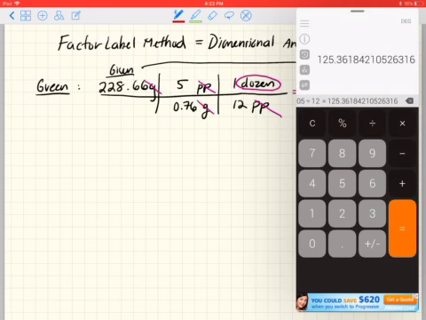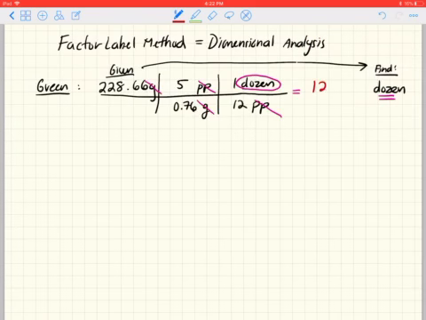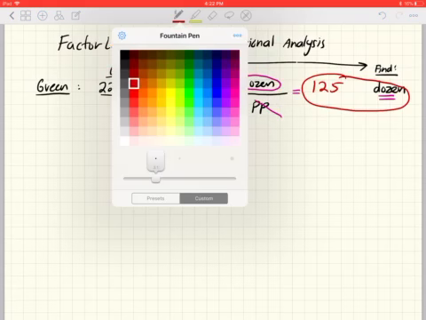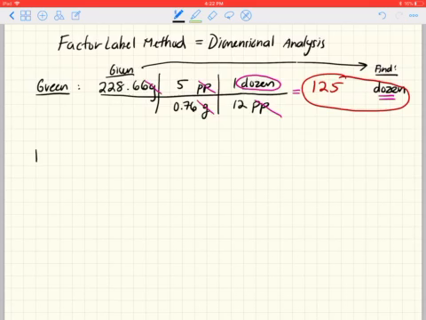All right, so if I were to round that number, it is approximately 125 dozen. 125 dozen, and that is my final answer for the number of green packing peanuts there are in the starting bag. So I'm going to repeat this process now for the red bag of packing peanuts.